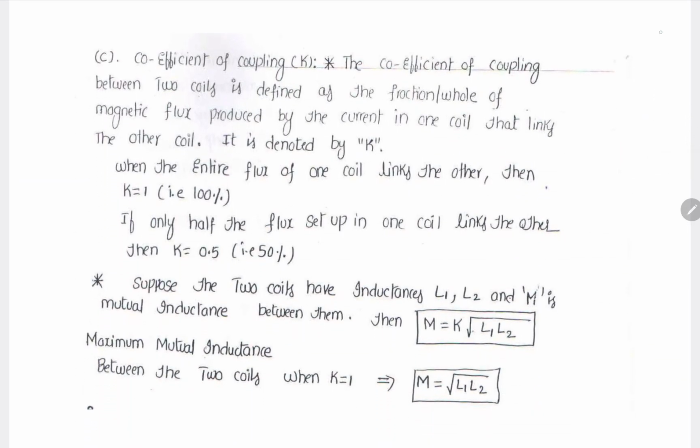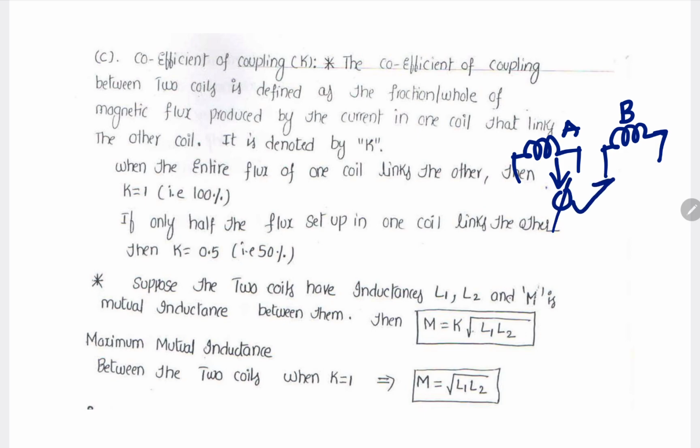Now here we will see one important coefficient, the coefficient of coupling K. Let us say there are two coils, this is coil 1 or coil A, and there is one more coil, coil B. The flux developed in coil 1, let us say, is phi.